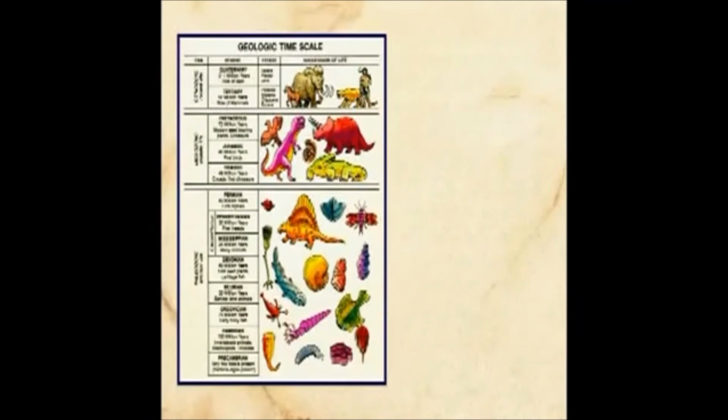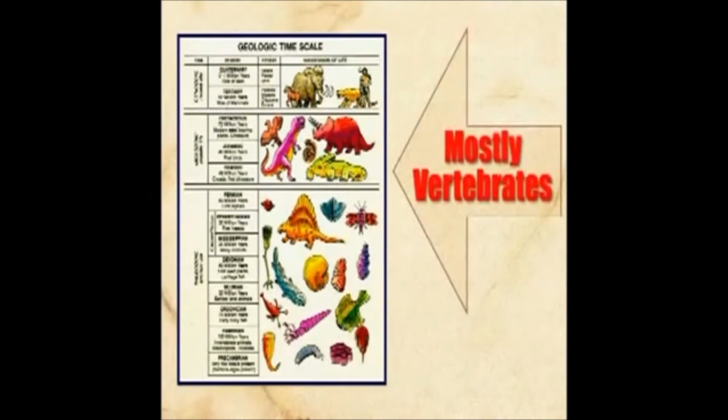There are a number of other problems with it as well. For one thing, as we look at this column, we see mostly animals with backbones, or the vertebrates. Relatively speaking, they just virtually don't exist in the fossil record. It's mainly clams and more clams, at least proportionately.